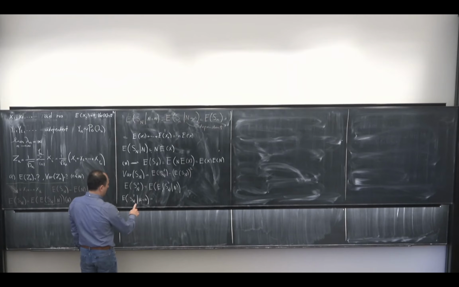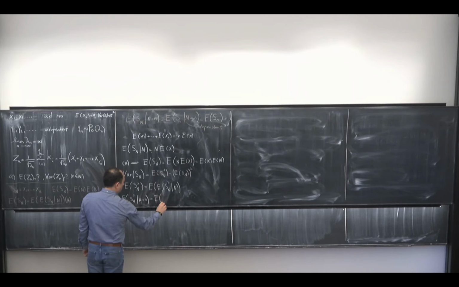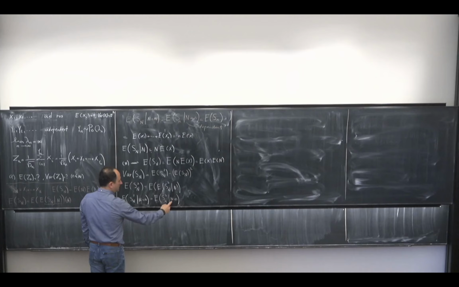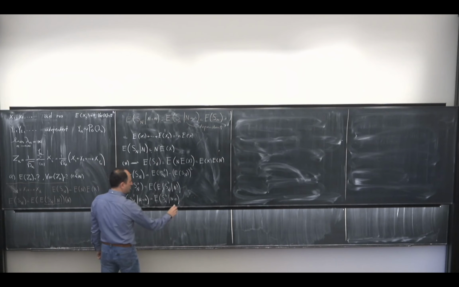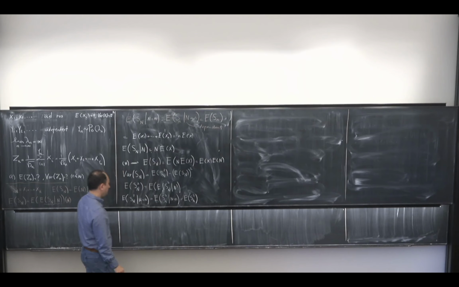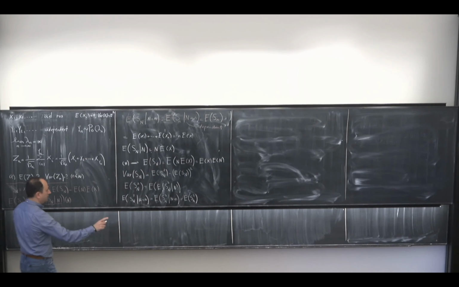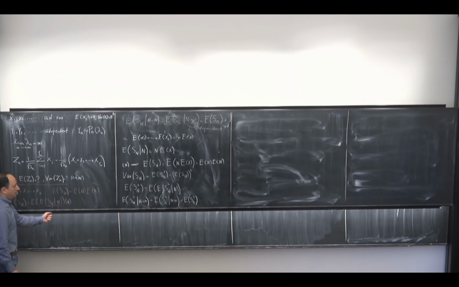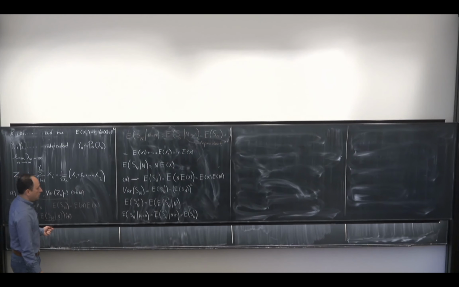I can write it as E of S little n squared, given N is n. But because N is independent of the x's, it is also independent of all the variables, so it becomes just E of Sn squared. So I want you to feel that we are doing something. This was a random variable and the index was random, but in this one, the index is not random.